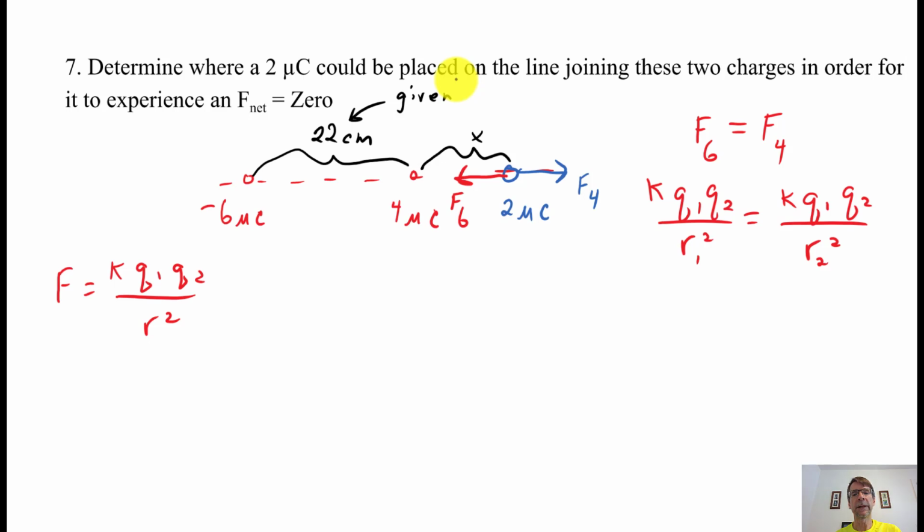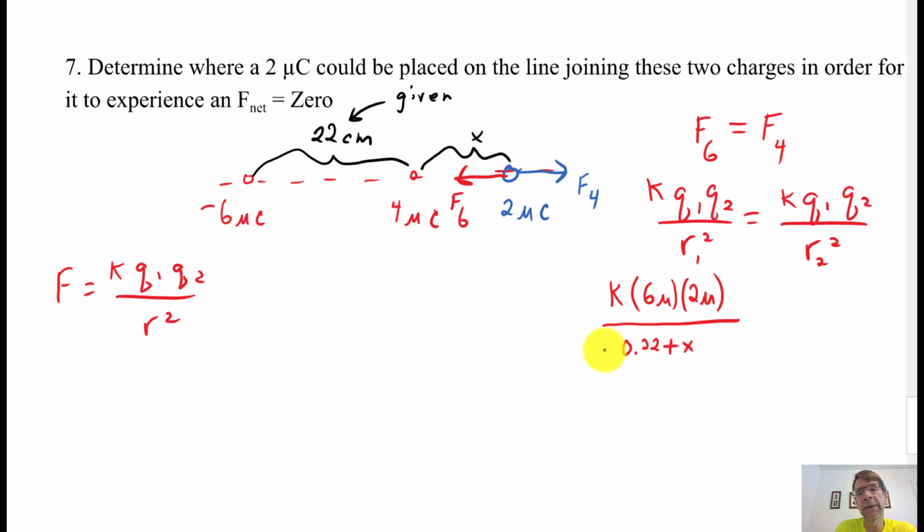Here we go. We're going to plug in the specific numbers relative to those I just put down. So we're going to have k. For the 6, it's going to be the 6 microcoulombs times the 2 microcoulombs, divided by how far it is from the 6 to the 2. From the 6 to the 2, it's 0.22 plus x.